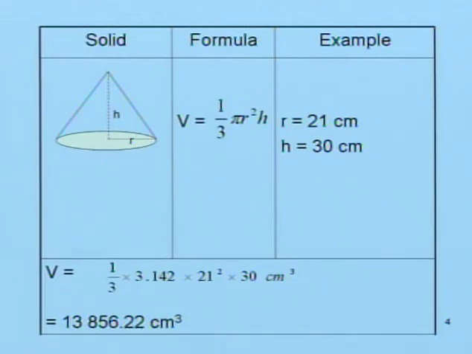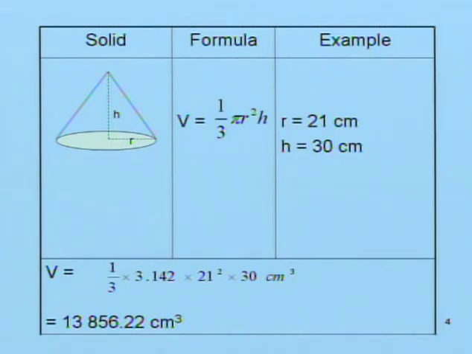If we put a cylinder to match the base of the cone, and the height of the cylinder is the same as the height of the cone, we would discover experimentally that 3 conefuls will fill 1 cylinder. So we can conclude that the volume of the cone is 1/3 the volume of the cylinder.